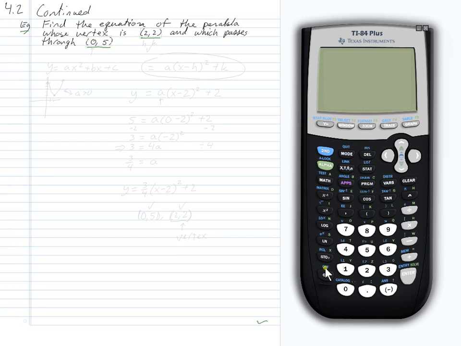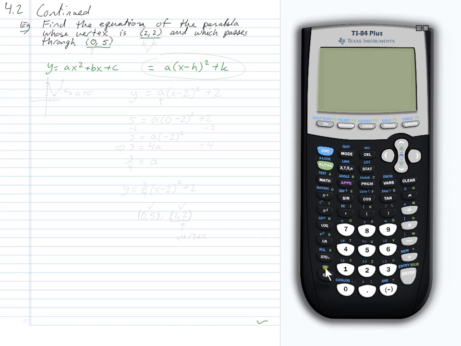So remember our two forms. We have y equals ax squared plus bx plus c, where a, b, and c are connected to these data. But we also have a times x minus h squared plus k, where h and k are the coordinates of the vertex.